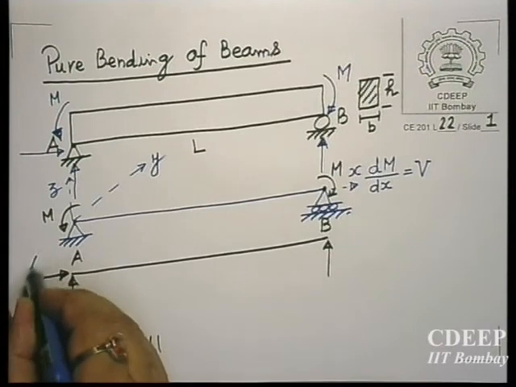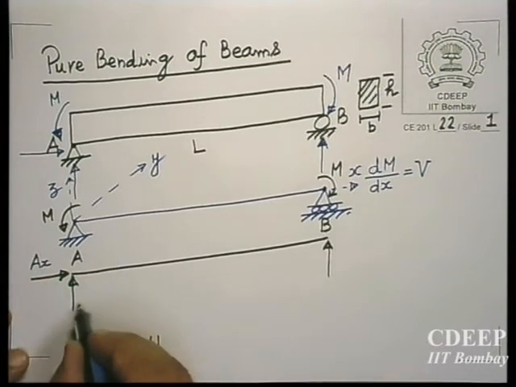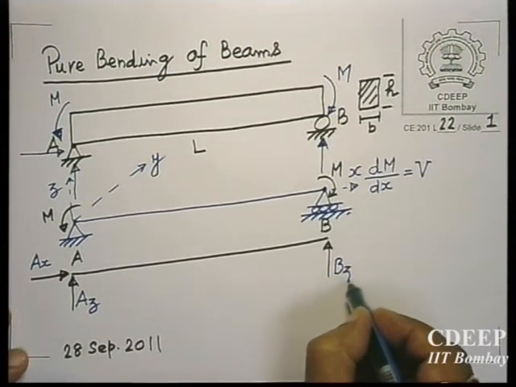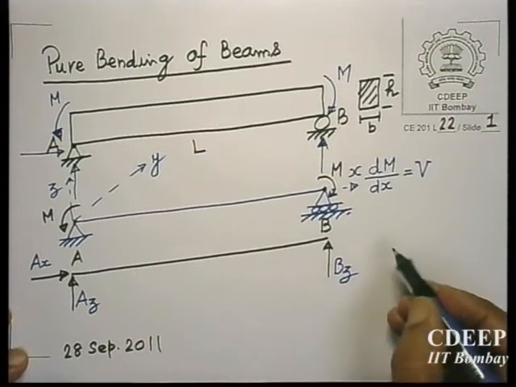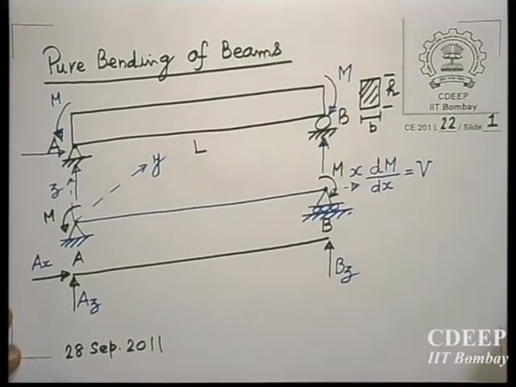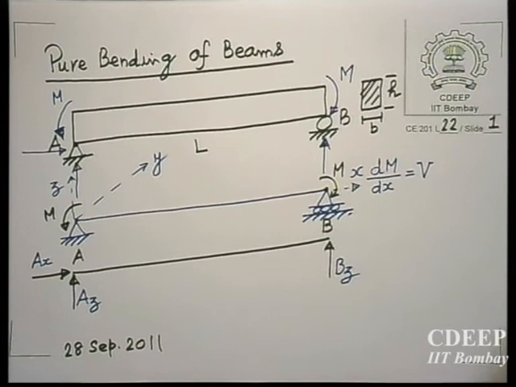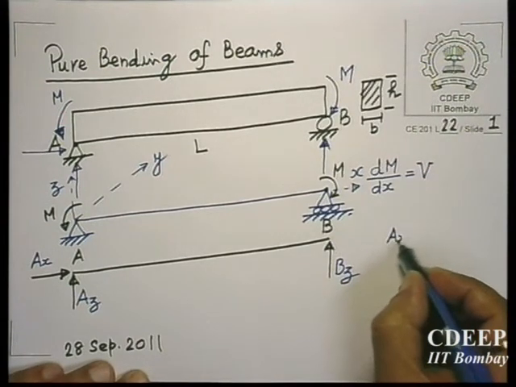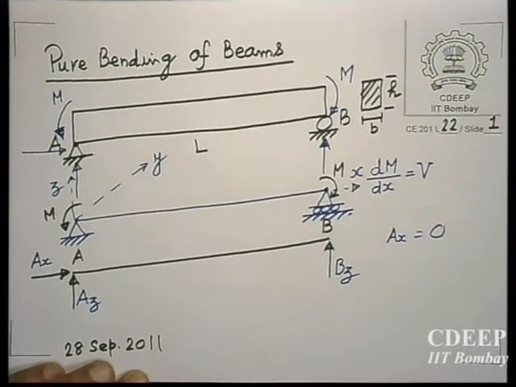So this is AX, this is AZ, this is BZ. From equilibrium, sum of all forces in the x direction, you get AX equal to 0.